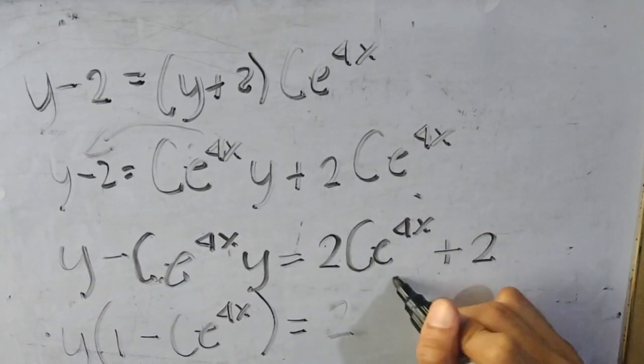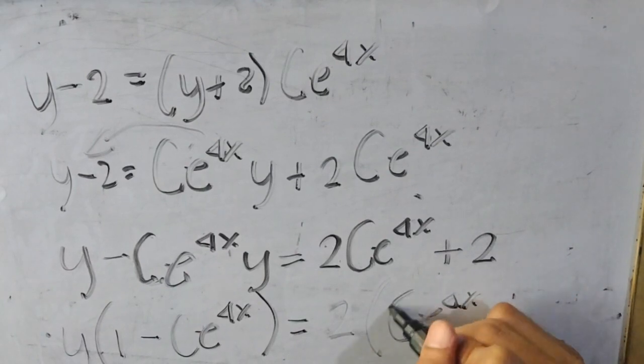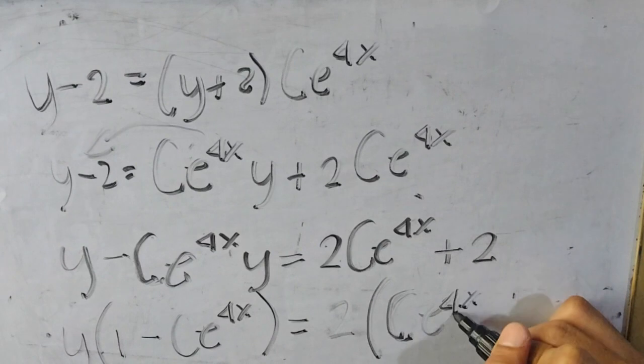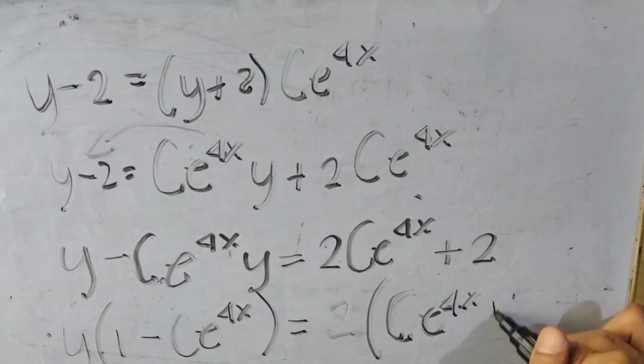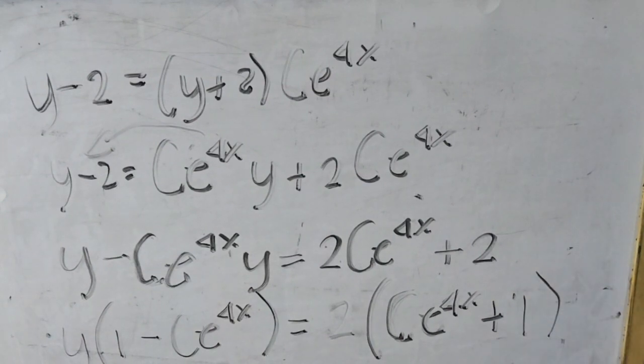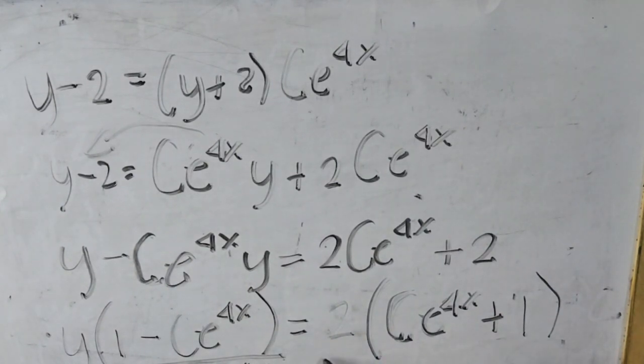So 2 c e 4x plus 1. We'll have the value of y here, so we'll divide by 1 minus c e 4x.